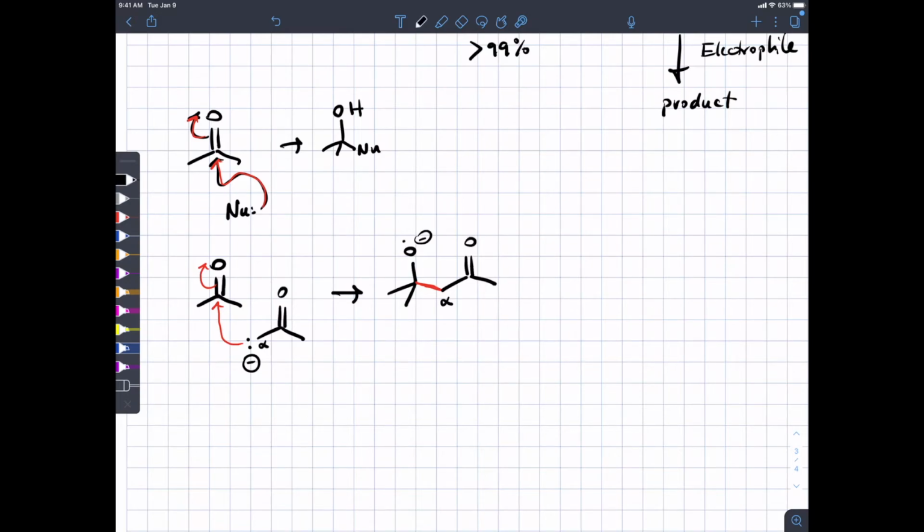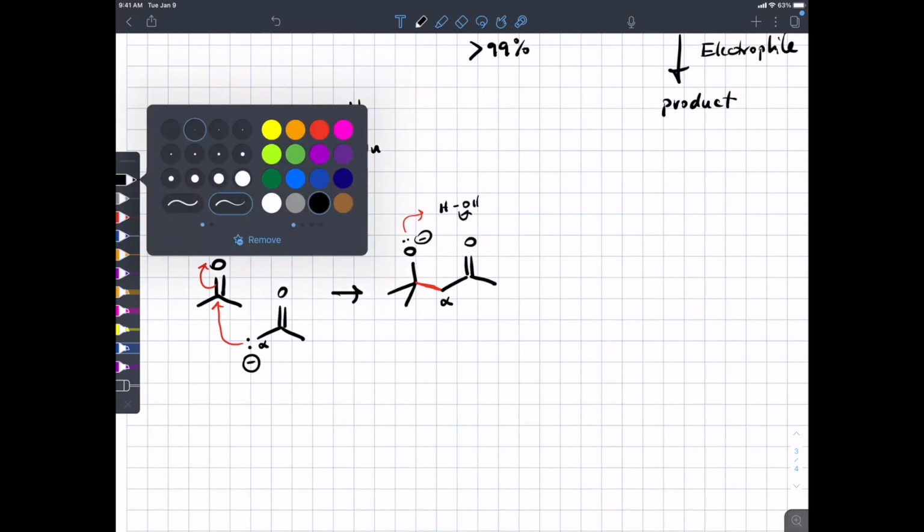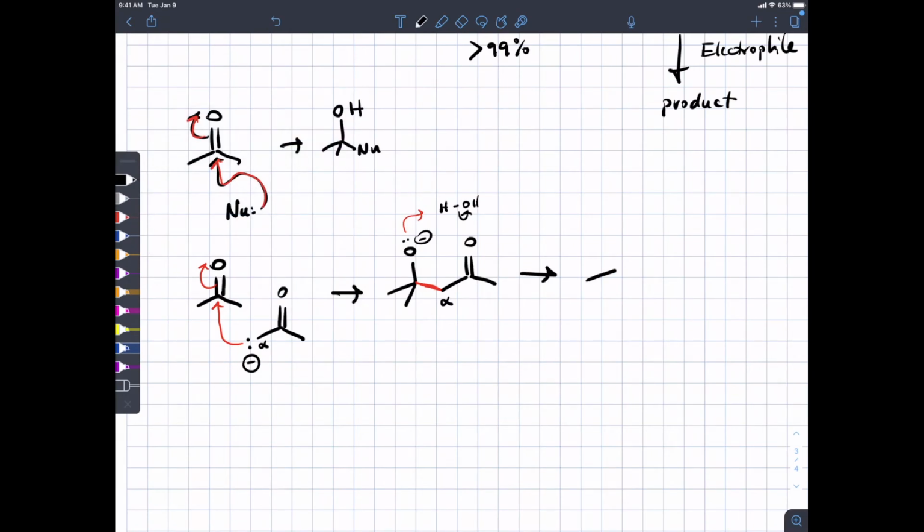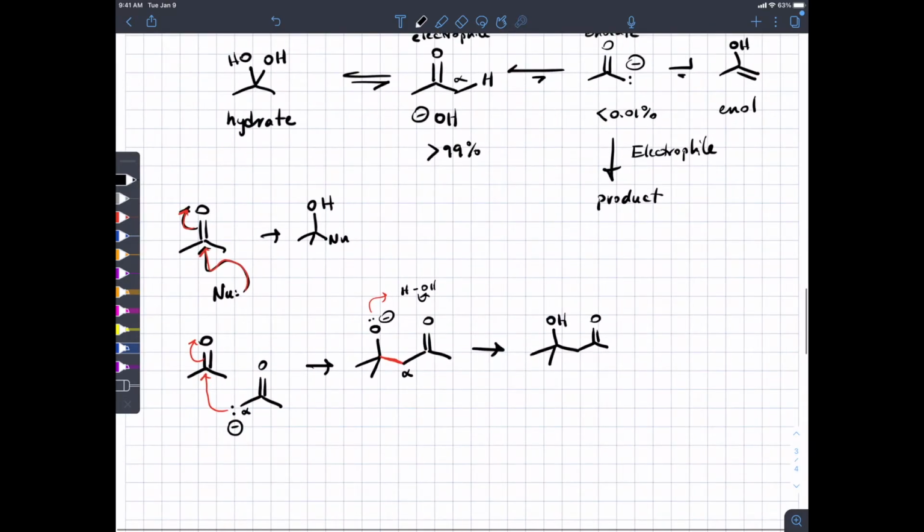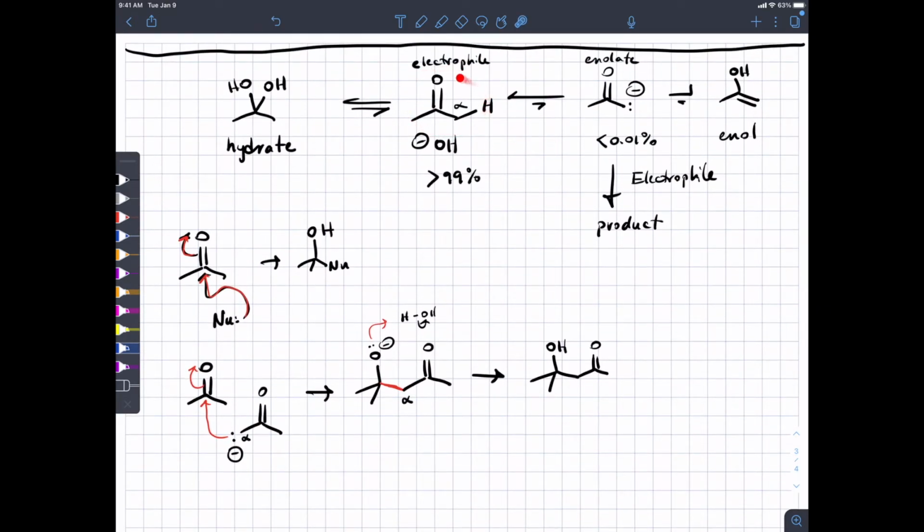And then, of course, I can pick up a proton from water or some other source to give me this product in which I have connected two equivalents of my ketone together. One is an enolate and one is the ketone.